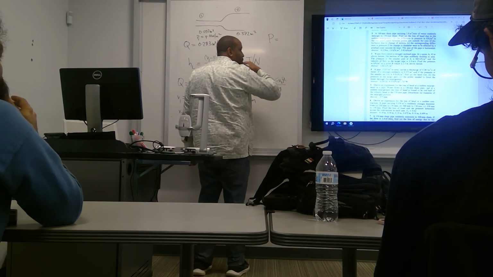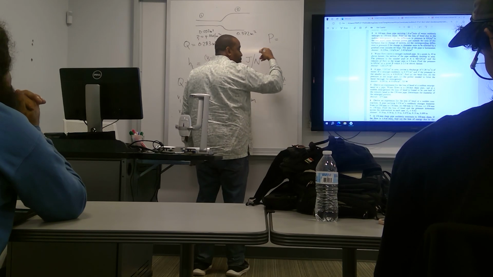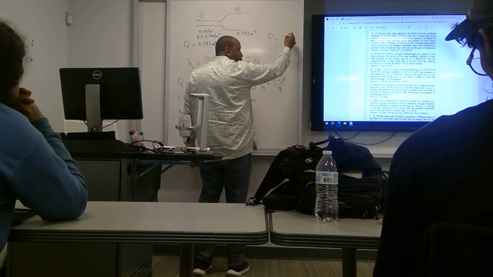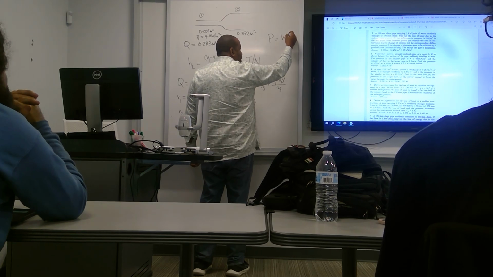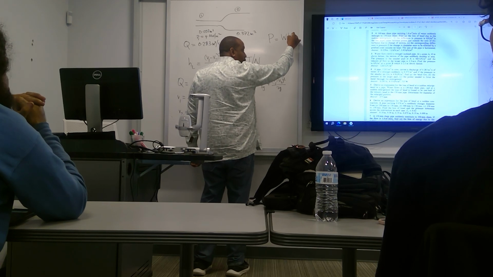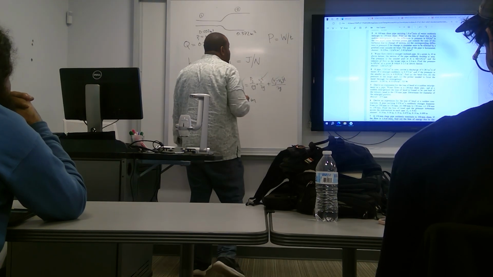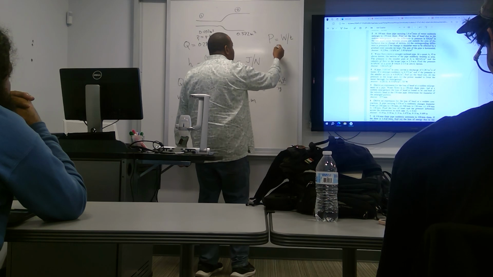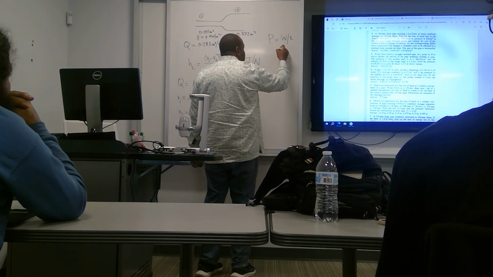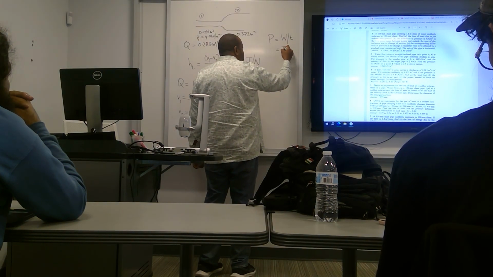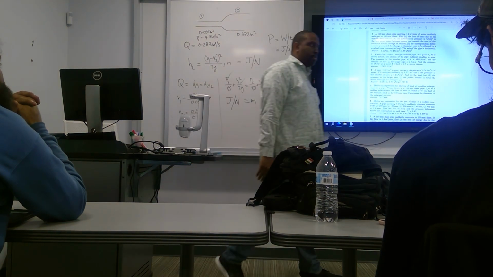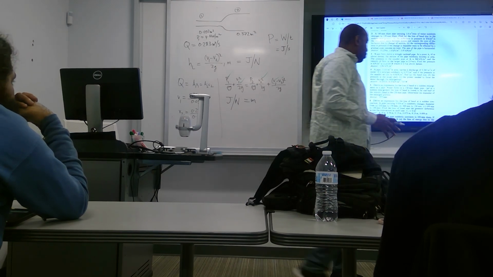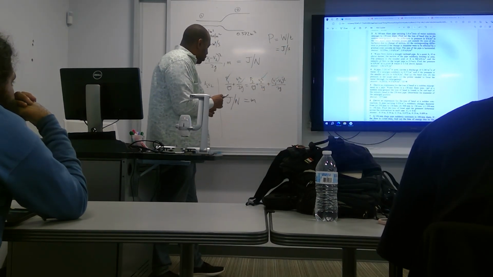Units of power: work divided by time. So it's basically joules per second, or kilojoules per second. So I want you guys to think now, how can we go from this to this?